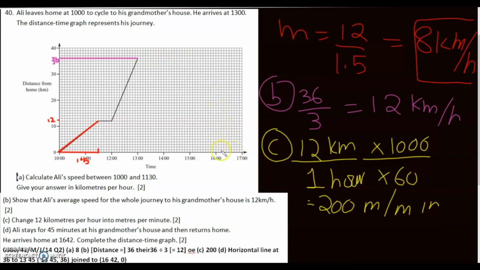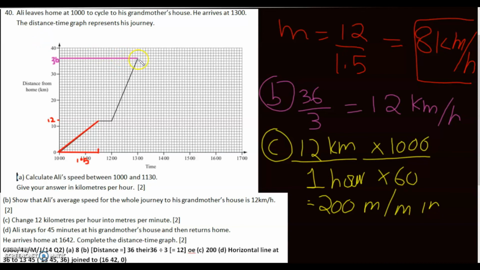So how do I make a 45 minutes line over here? Each small box on the x-axis is actually 6 minutes, so 10 boxes make 1 hour. How many boxes of 6 units do I need to get to 45? 45 divided by 6 gives me 7.5.